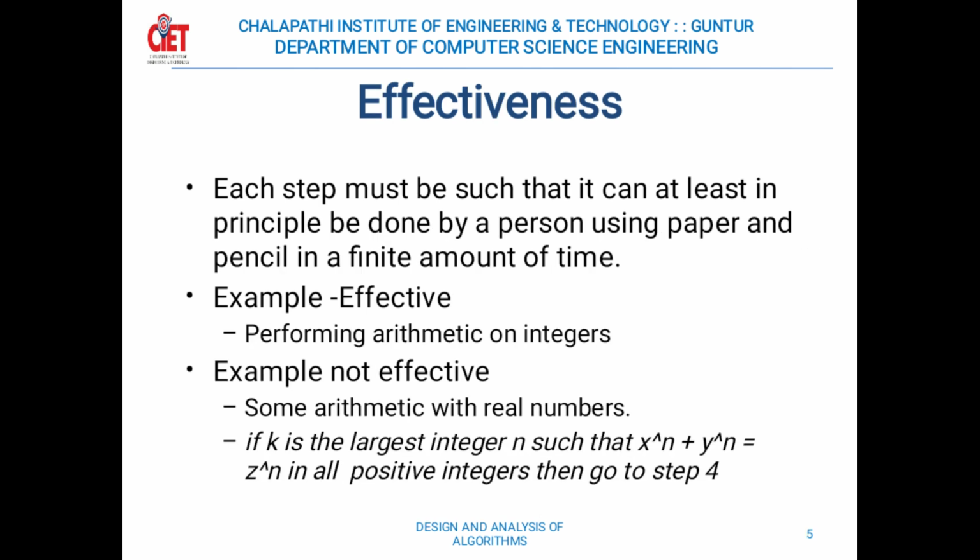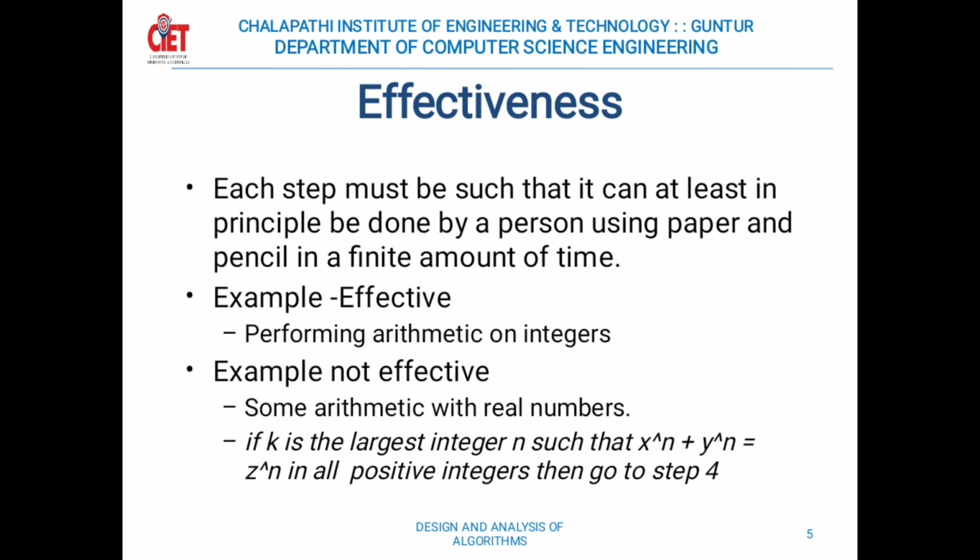Next property is effectiveness. Effectiveness means how effective the algorithm is, how efficient it is. Simply, we say that it is easy for the user to carry out the evaluation of an algorithm using pen and paper. Here we take one example: perform arithmetic addition of integers.